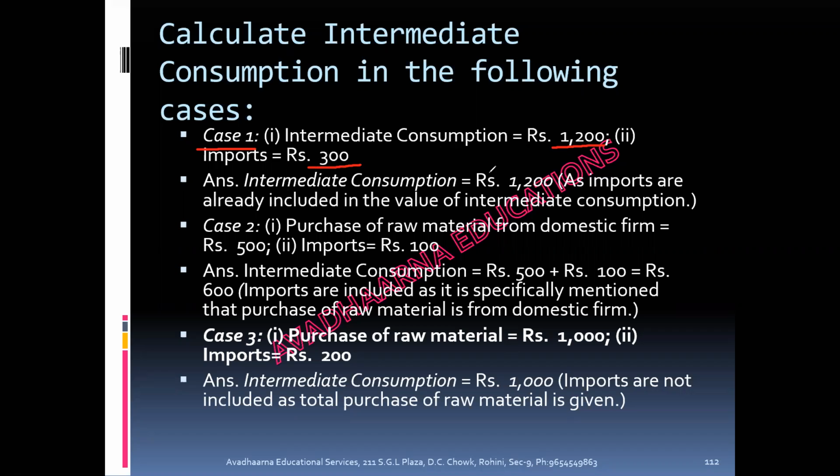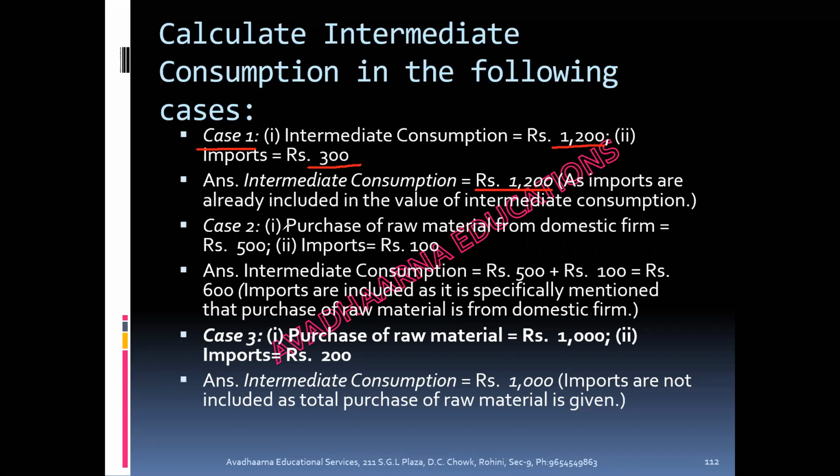Now intermediate consumption 1200, as imports are already included in value of intermediate consumption, so we are going to take the figure of 1200 only, ignoring this 300, as this 300 value is already included in this figure of 1200. बेटा जो intermediate consumption होगी तो उसके अंदर already 300 की imports included होंगे.